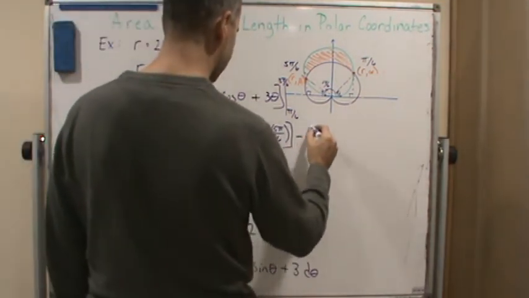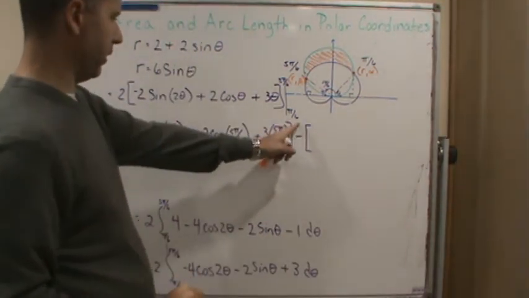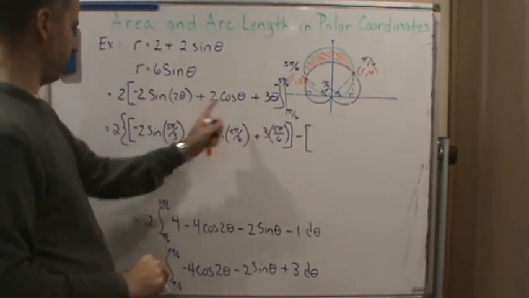So I'm going to subtract. Now I'm going to subtract evaluated at pi over 6. So I'm going to basically do everything at pi over 6.